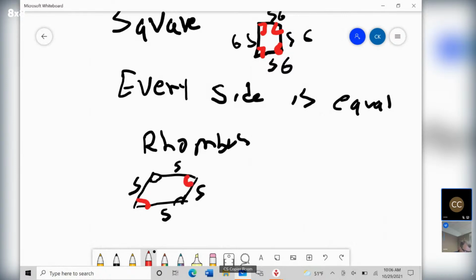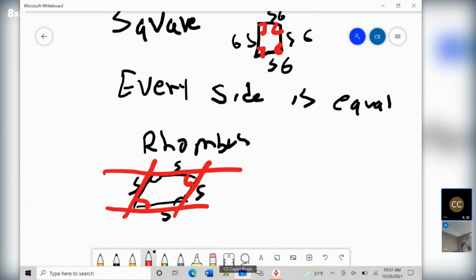Basically, it's tilted a little bit from a square, and the opposite sides are parallel, which means that side and that side would run forever parallel to each other, just like the two bottom ones would run parallel too. But the biggest thing is it's slanted a little bit. It's almost like a square that's tilted on its side. So you should be able to tell the difference between a rhombus and a square just by the slant. Remember, the opposite angles are equal.